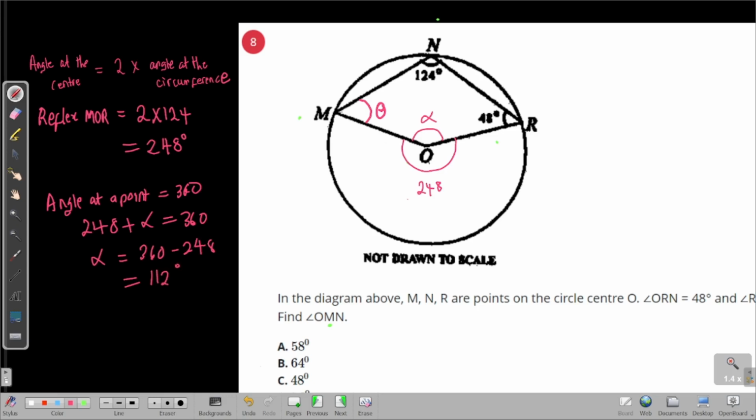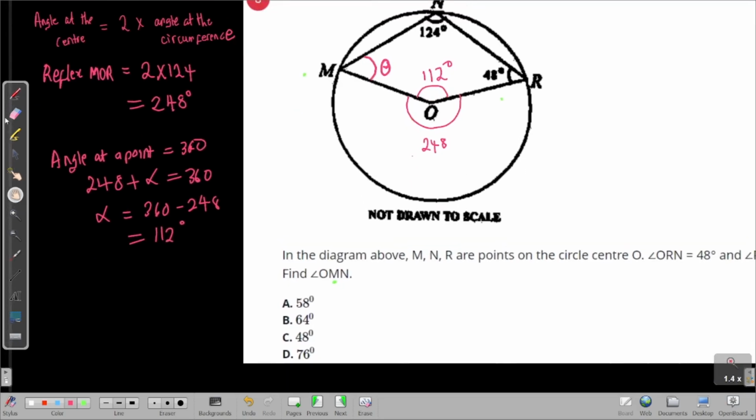So we know what alpha is. And then you can just use the sum of angles in a quadrilateral. What's the sum of angles in a quadrilateral? That's 360 degrees. So 124 plus 48 plus 112 plus theta is equal to 360.